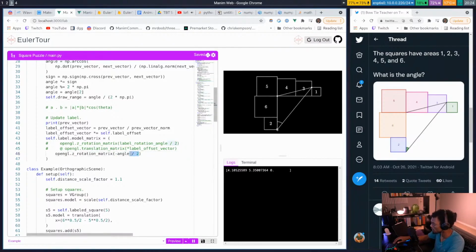Okay. So now the coordinate system is aligned with the x and the y axis. It's just y axis up, x axis to the right. Then I'm going to translate this along the previous vector. So let's try that.